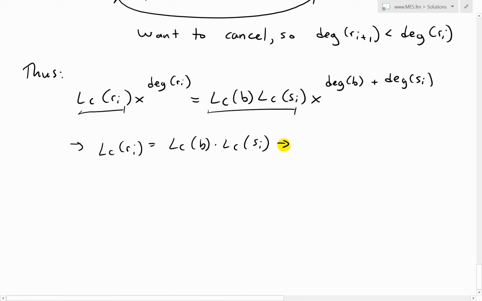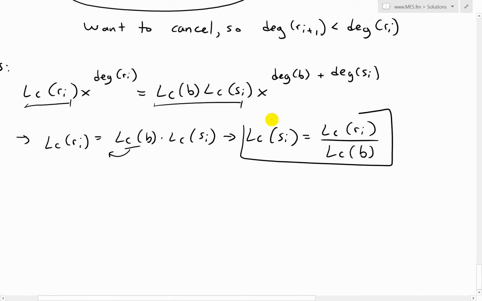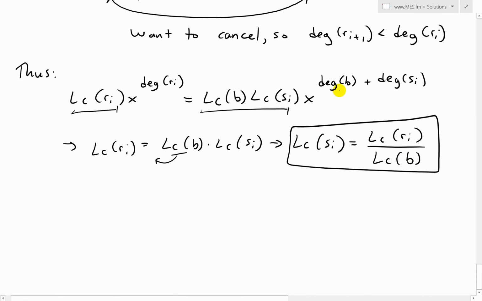And again, you could just rearrange this for the LC of SI, which is the one we want to find out because we're adding it to the Q. So LC of SI, the leading coefficient of it, is going to be equal to, just move this over, LC of RI divided by LC of B, the leading coefficient of it, and this is exactly what is used in the Wikipedia algorithm. And likewise, these degrees need to equal each other.